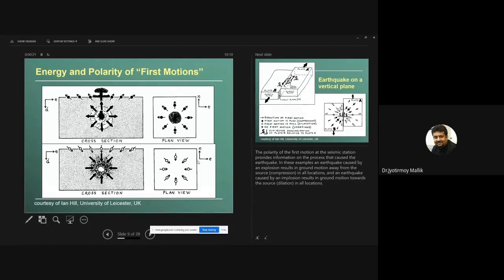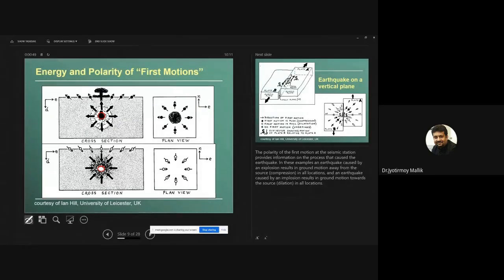There are two pictures shown here, and I'll try to explain in very simple language what they essentially mean. In the first picture, these two are the focus of the earthquake, or the hypocenter of the earthquake.